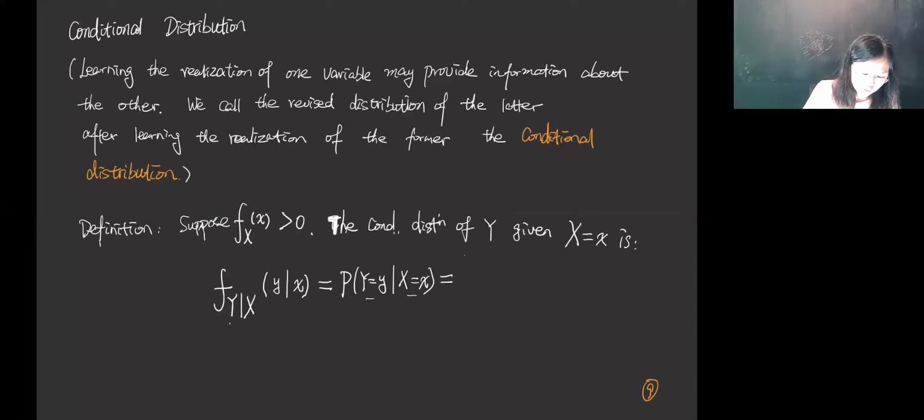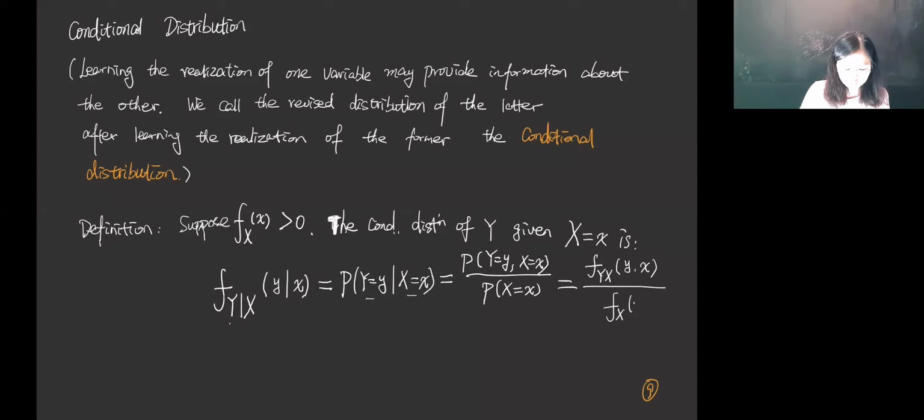And we can use the conditional probability formula to find that this conditional probability is the probability of both A and B divided by the marginal probability of just B. And written again as PMFs, this is the joint PMF of x and y evaluated at little y and little x divided by the marginal probability mass function of x evaluated at little x. So this is the conditional probability formula.